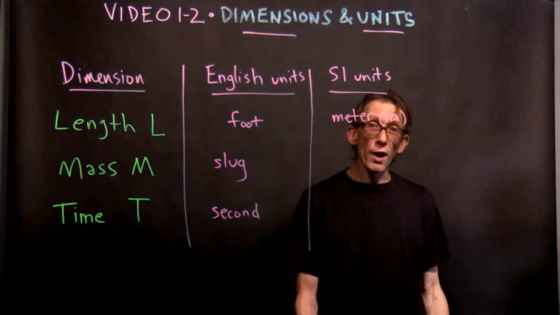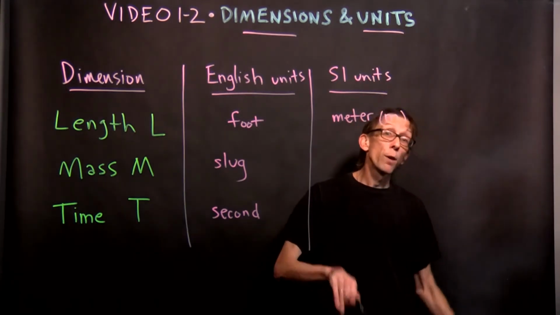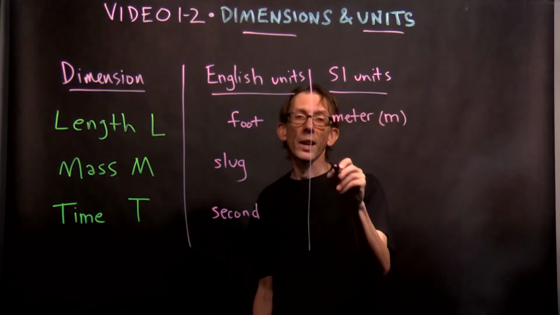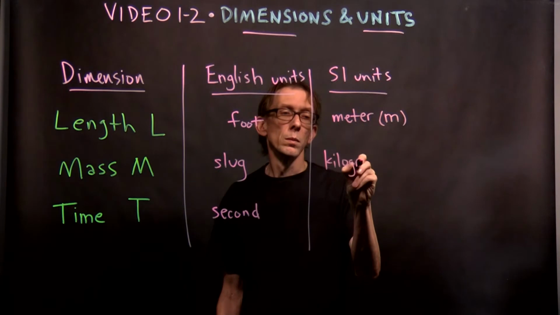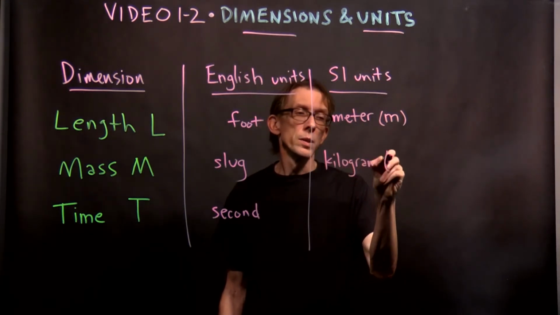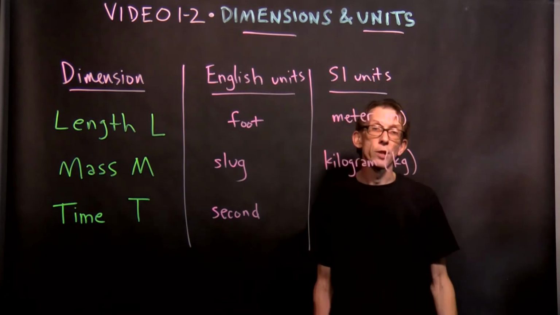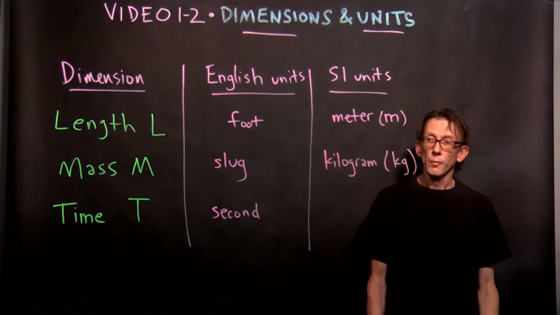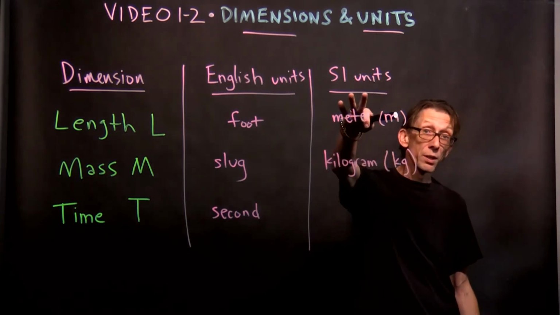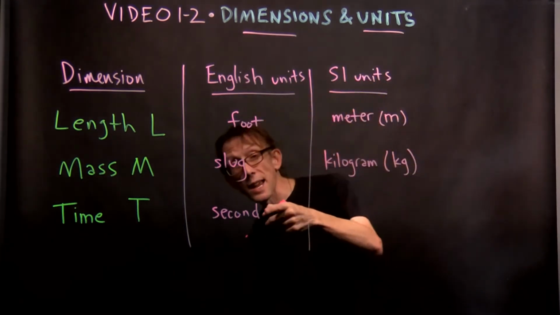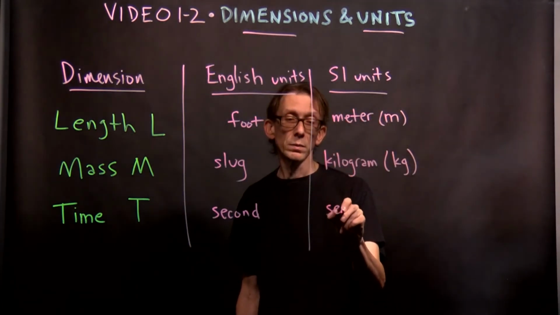The standard unit of mass in our system, in our book for this class, is the kilogram. Symbolized, notated, small k, small g. And the standard metric SI unit of time is the same as the English unit of time, which is the second.